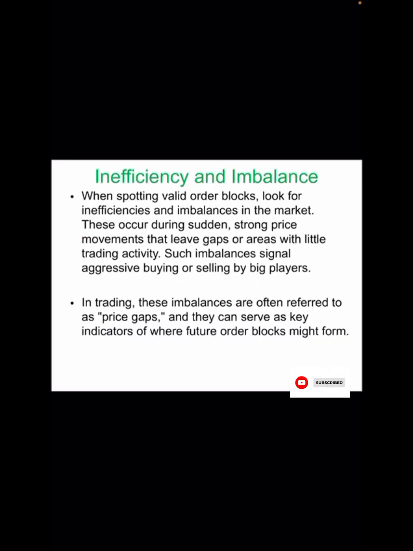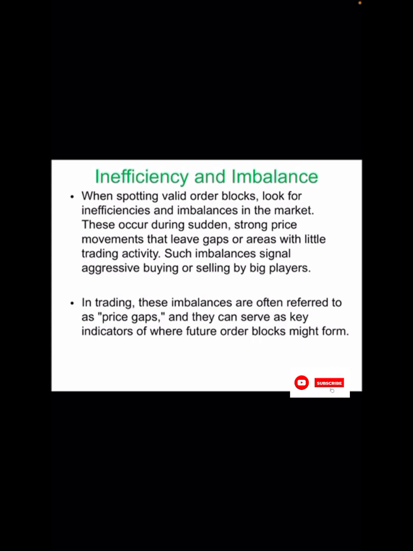Now, our next example is area of what? Inefficiency and imbalance. When spotting valid order blocks, look for inefficiencies and imbalances in the market. These occur during sudden strong price movement that leaves gaps or areas with little trade activity. These are the gaps.